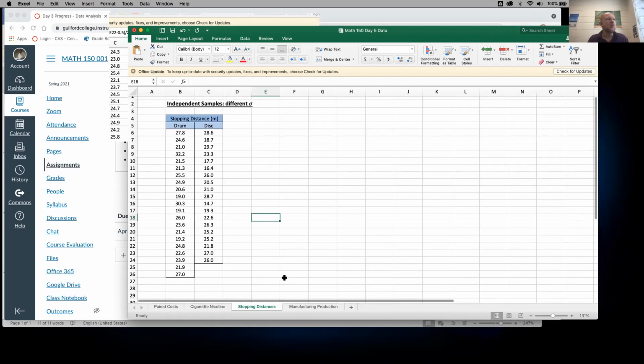But the question that we're dealing with here is the stopping distance for drum brakes or disc brakes. So I don't know if any of y'all are car people, but disc brakes and drum brakes are two different kinds of brakes that you have in your cars. Most cars will have disc brakes on the front, and some cars will also have disc brakes on the back, but some will have drum brakes on the back.